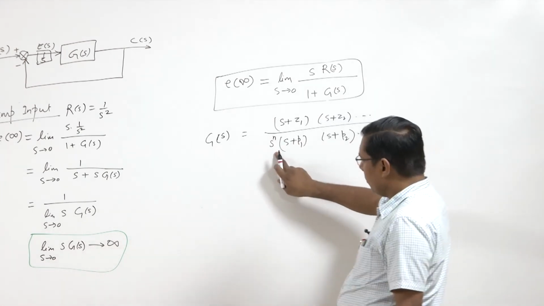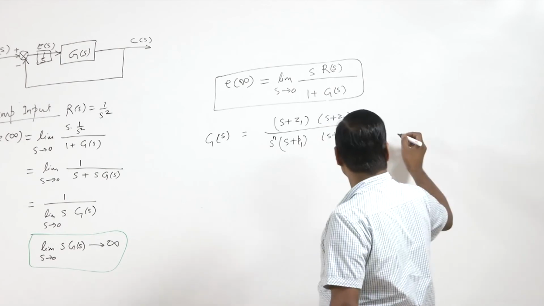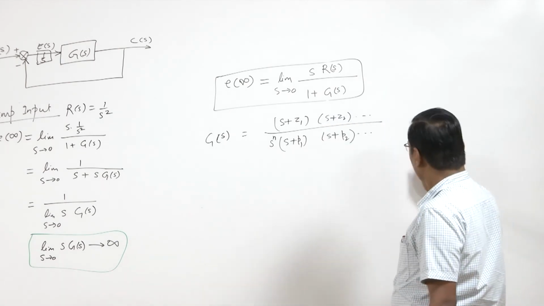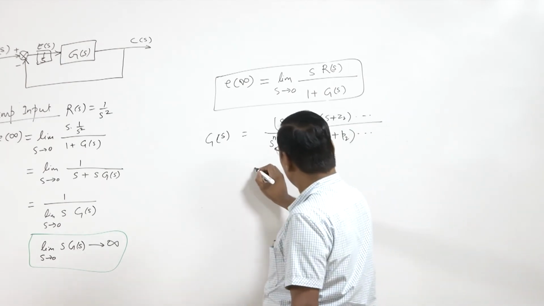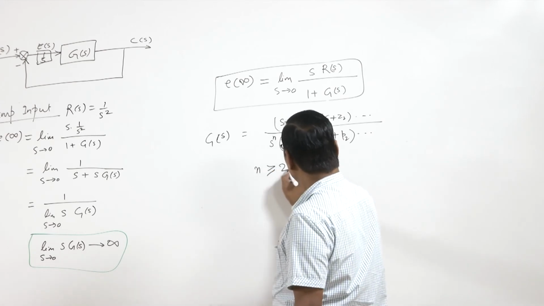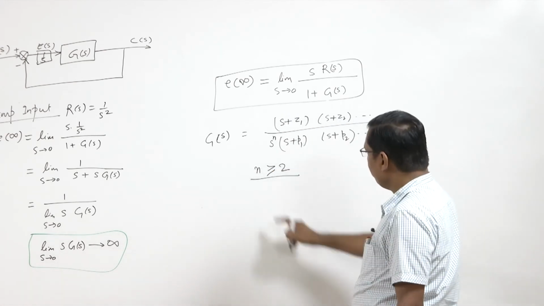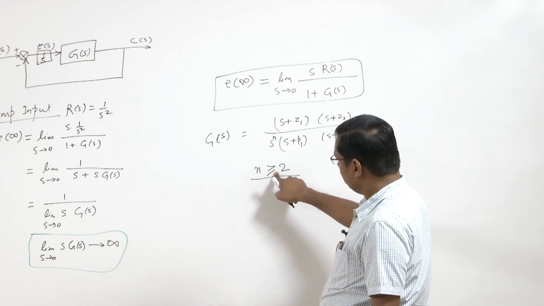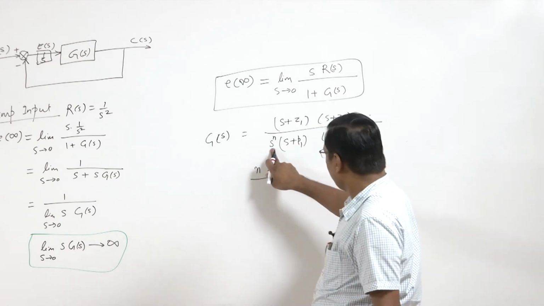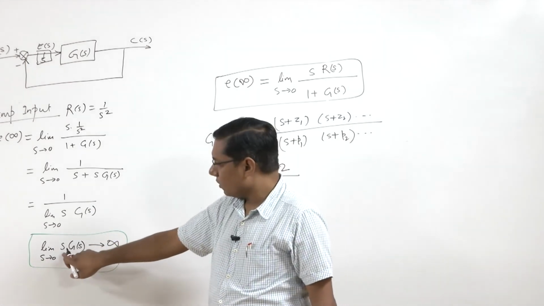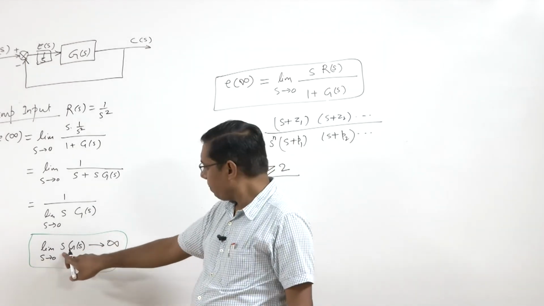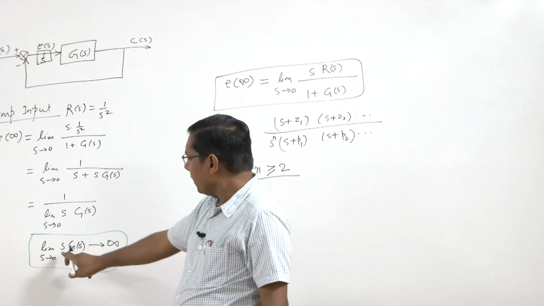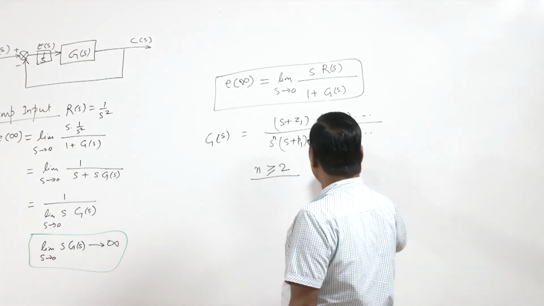Now we know that n should be greater than or equal to 2 here, because if n equals 1, there is only one s, and this s will cancel out with this s and we will get a finite value.